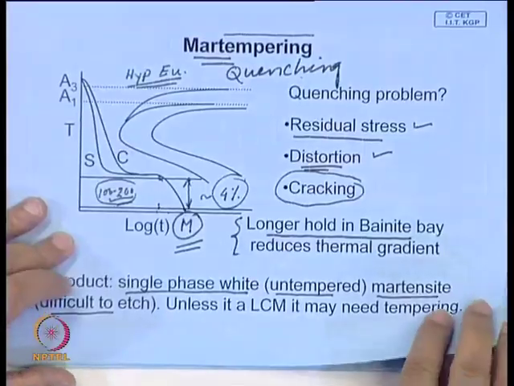It may transform during service, which may lead to change in dimensions. So, particularly in rather high carbon steels, it will be advisable that after Mar tempering some amount of tempering may be necessary.